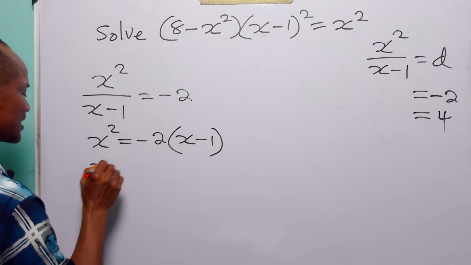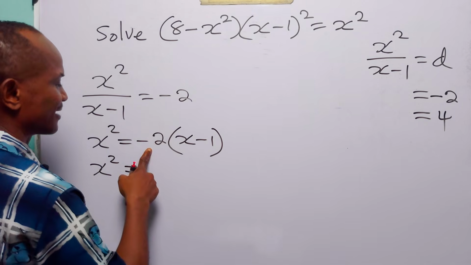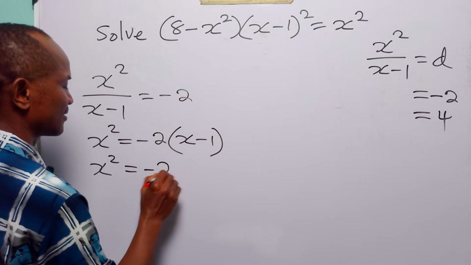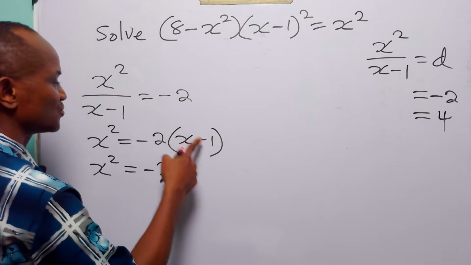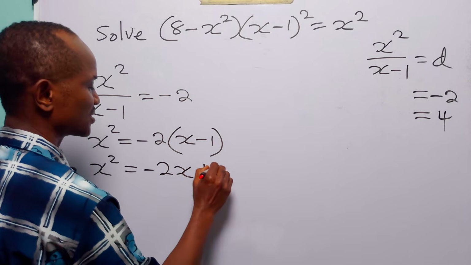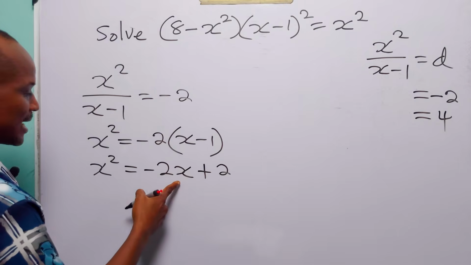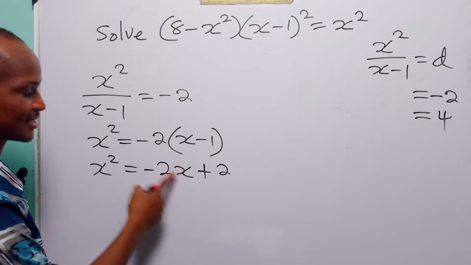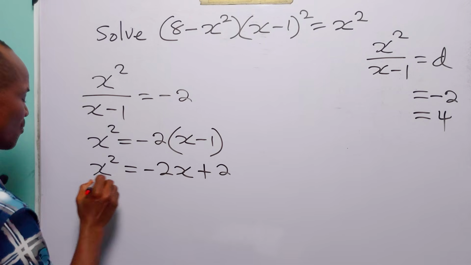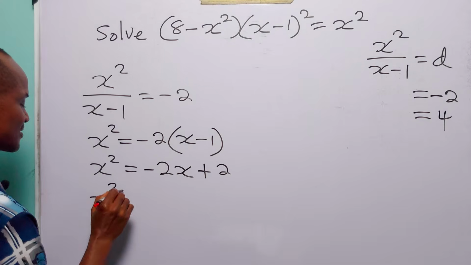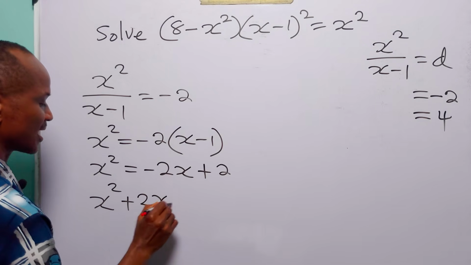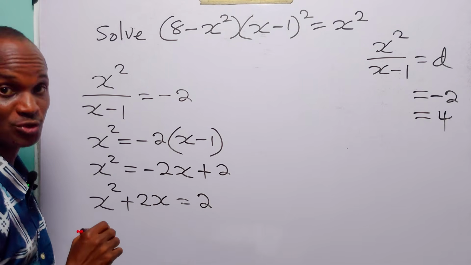From here, we have that x² is equal to -2 times x is -2x. Minus 2 times -1 is plus 2. Now, let us add 2x to both sides of this equation. When we do that, we have that x² + 2x is equal to 2.